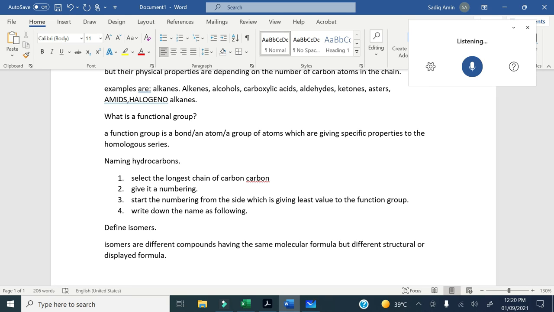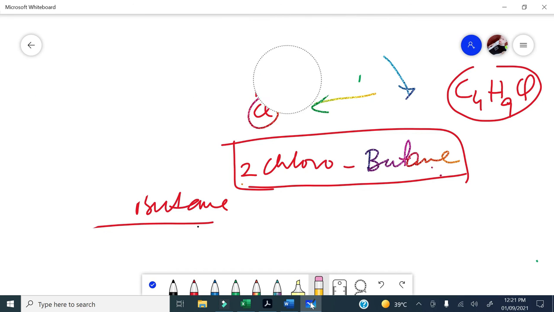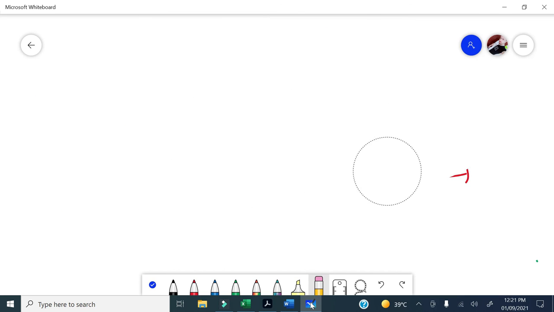I'll give you an example of the isomers. Let's see some of the examples of the isomers now. So now I'm going to draw certain isomers for you. An example is of the alcohol, which I've already given to you in the class also. 1, 2 and 3.